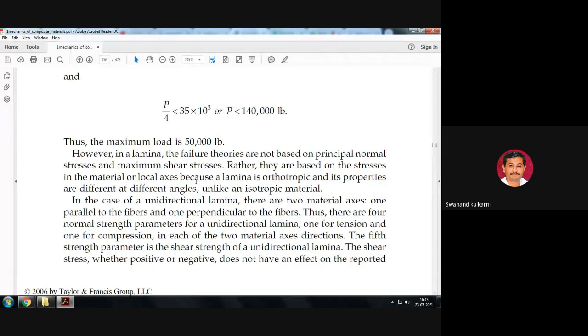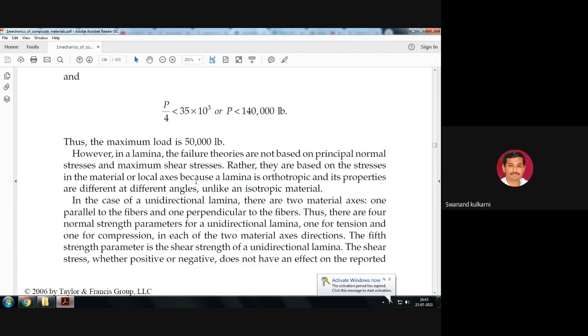It may be that it can take more compressive load than that, but the safe limit of the load that can be applied on this grey cast iron, regardless of its compressive or tensile nature, is 50,000, and that's why this value is considered here.